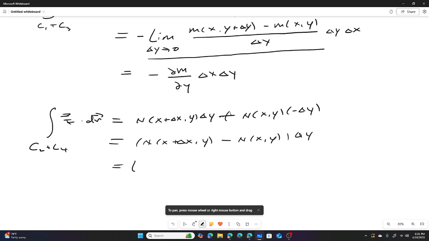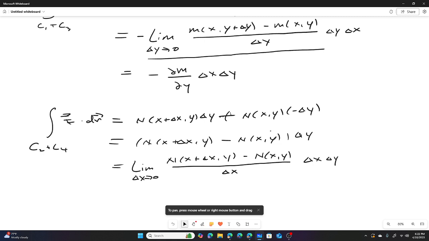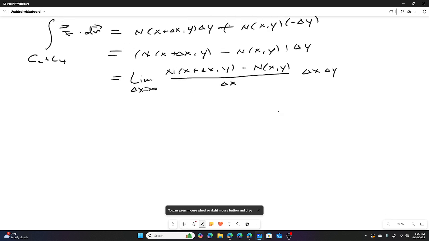So we can say the limit as delta x approaches 0 of this, times delta x and delta y, would just be the partial derivative of n with respect to x, delta x, delta y.